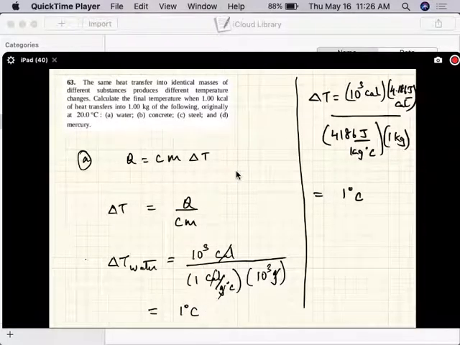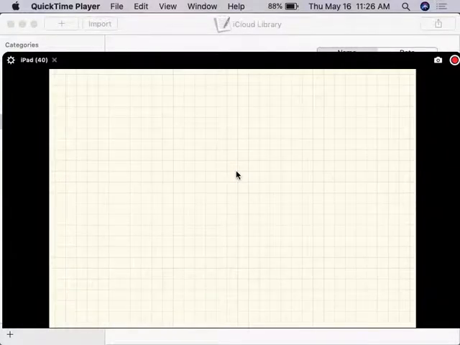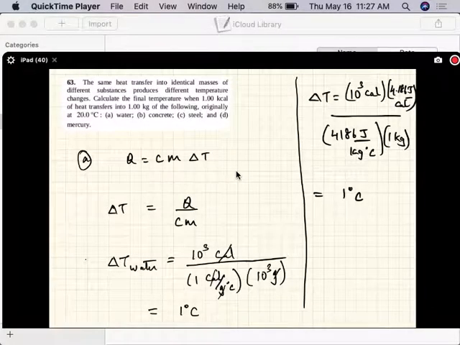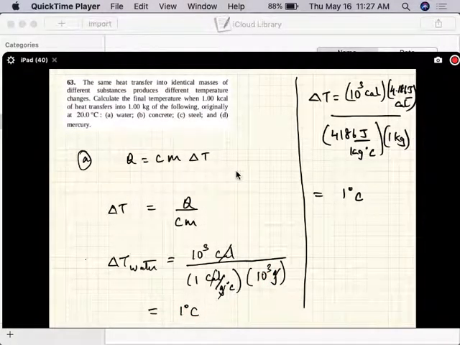Let me add a page below. So part B. What we're going to do is dump 1 kilocalorie of heat on 1 kg of concrete now. In the previous part, you dumped 1 kilocalorie of heat into 1 kg of water, and this was the rise in temperature.